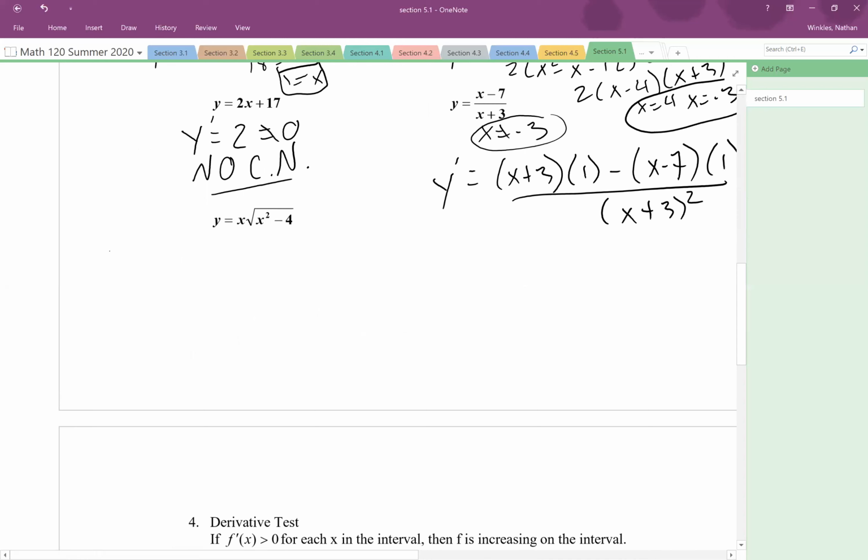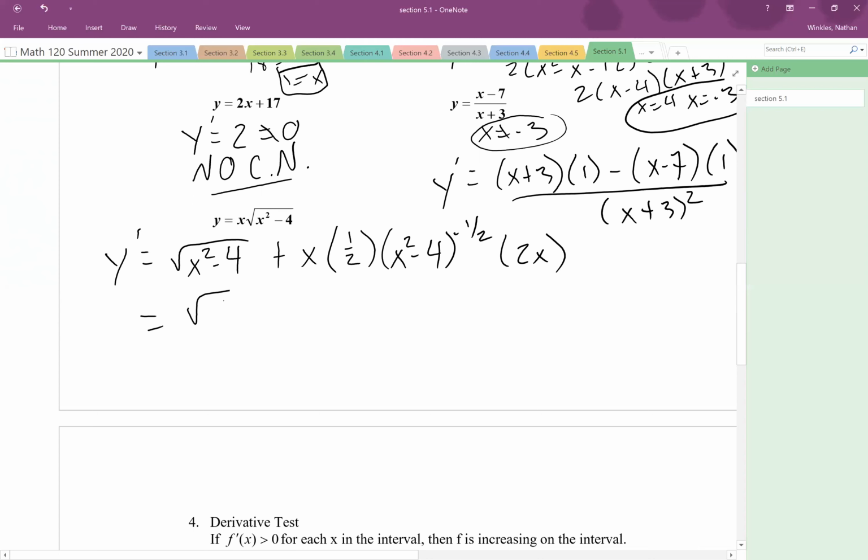Now we have a product rule. So y prime equals the square root of x squared minus 4 plus x times 1/2 times (x squared minus 4) to the negative 1/2 times 2x.